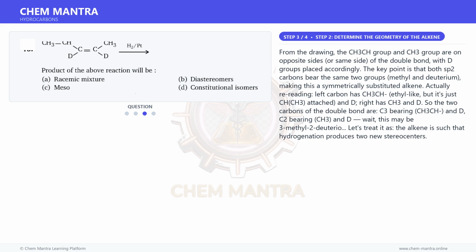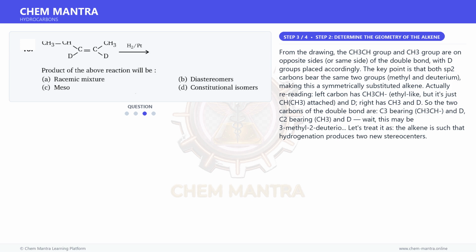From the drawing, the CH3CH group and CH3 group are on opposite sides or the same side of the double bond, with D groups placed accordingly. The key point is that both sp2 carbons bear the same two groups, methyl and deuterium, making this a symmetrically substituted alkene.